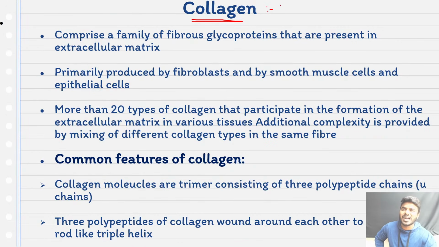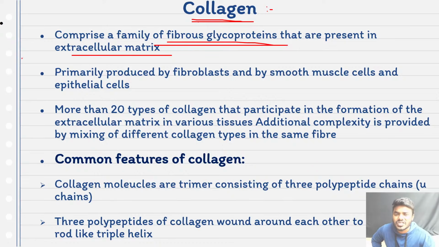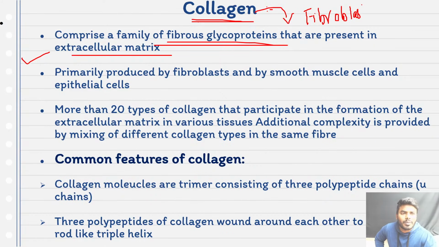Okay, let's start with the first one, collagen. Everyone listen, keep it in your mind. Collagen is a family of fibrous glycoproteins that are present in the extracellular matrix. Now friends, please remember the statement without fail. Collagen is primarily produced by which cells? Collagen is primarily produced by fibroblasts. What is a fibroblast, friends?